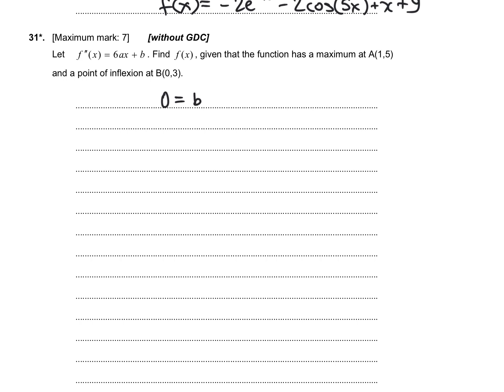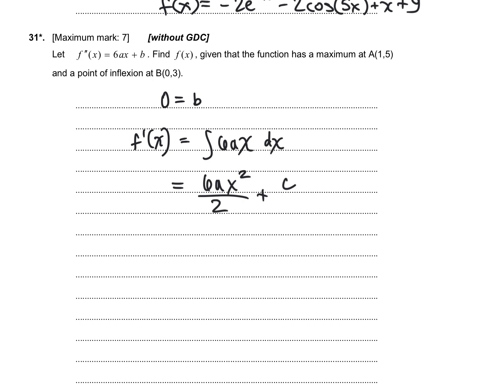All right? So then if we integrate to go back up to the first derivative, plus 0 dx, we're going to have 6ax squared over 2 plus c. A lot of people are going to think maybe a is a variable. It's not. All right?